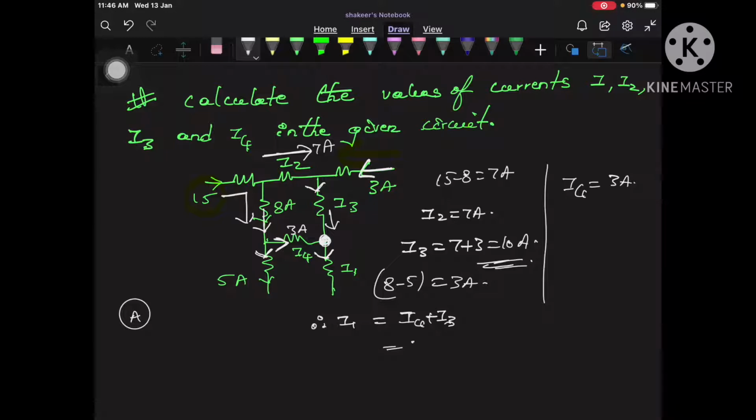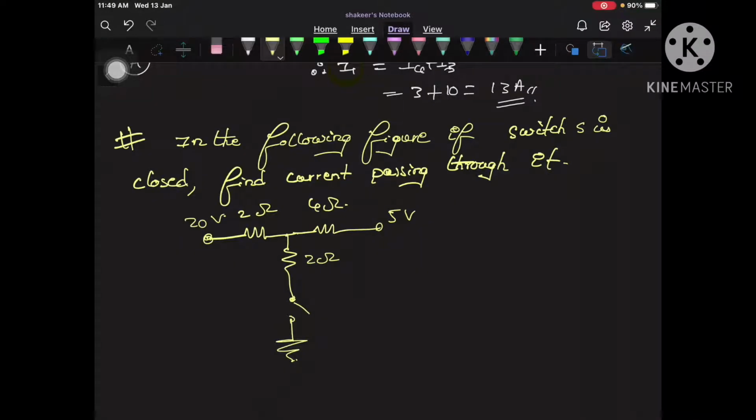I4 is 3 amperes and I3 we have already calculated as 10 amperes, so 10 plus 3 is equal to 13 amperes. So these are my values: this is I1, this one is I2, this one is I3 and this one is I4. Clear?